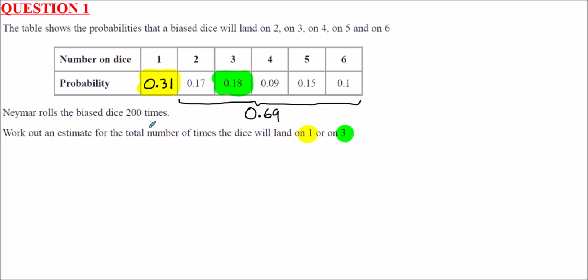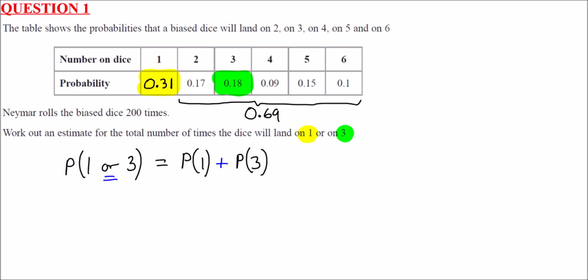So the probability of it landing on a 1 or a 3: or works as add. So it's the probability of a 1 plus the probability it lands on a 3.